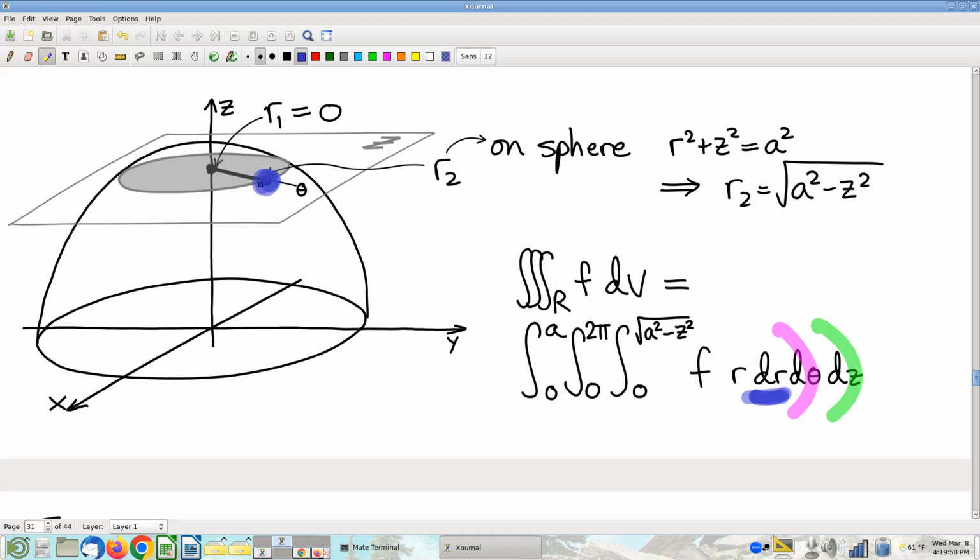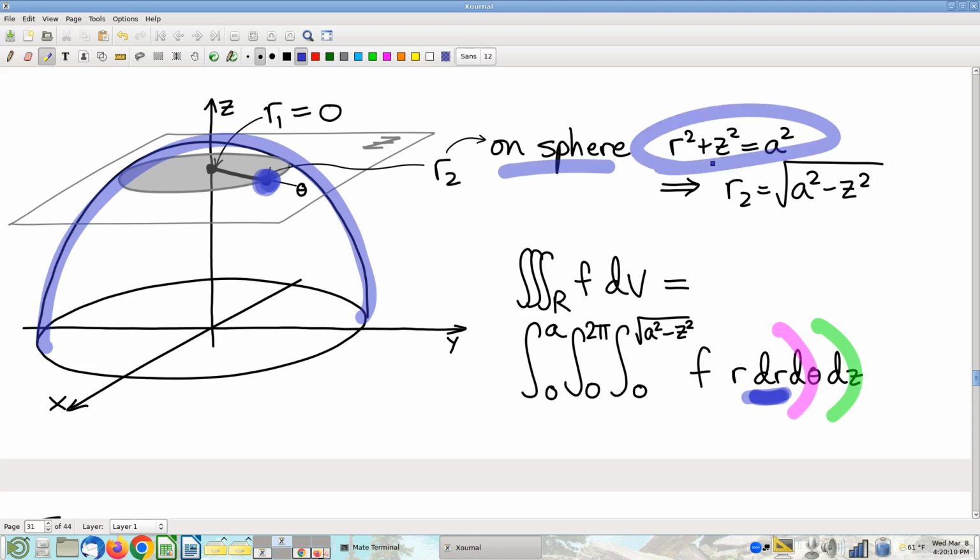What can I say about that point? Again, thank you, picture. The picture tells all. From the picture, what I can see is that point is on the sphere, which again has this same equation as in the previous example. Now, sticky little point, easy mistake to make. Notice here, I am looking for an R bound. Previously, when we wrote down that equation, we'd been looking for a Z bound because we had our differentials in the other order.